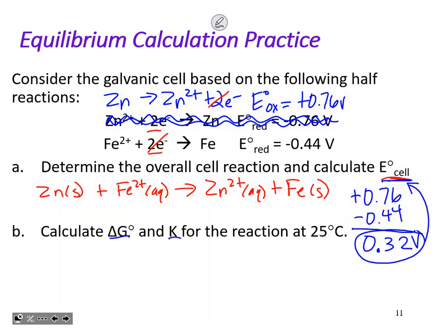Now calculating delta G and K for this. All right, so the only piece of information we know that can get to delta G is this E cell, or the voltage. Which equation do I want to use in order to find delta G? Which is the one that relates delta G to our cell potential?